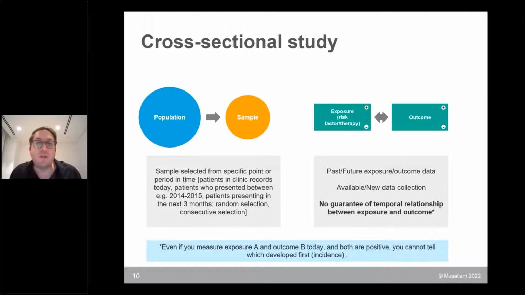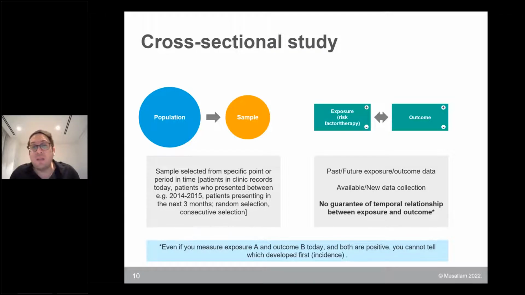And I make association studies between smoking and diabetes occurrence. In reality, I don't know who came first. Maybe those patients developed diabetes in the past and then they started smoking, or they started smoking, then developed diabetes. They didn't look into time. You just looked if the patient has diabetes and is a smoker. You didn't ask the question, when did the diabetes occur? That's a cross-sectional study. Most people would mistake that for a retrospective cohort study.